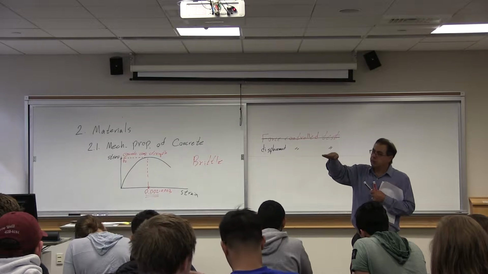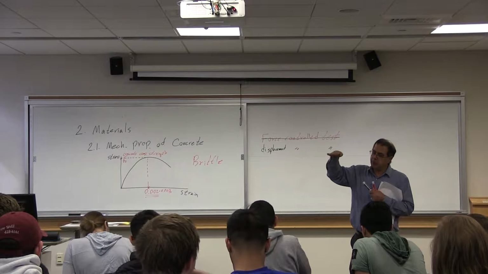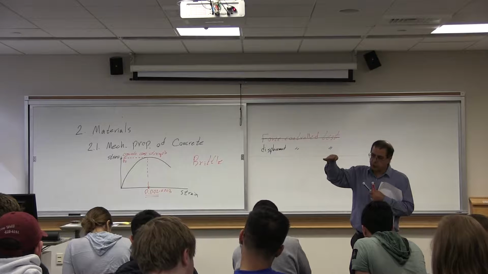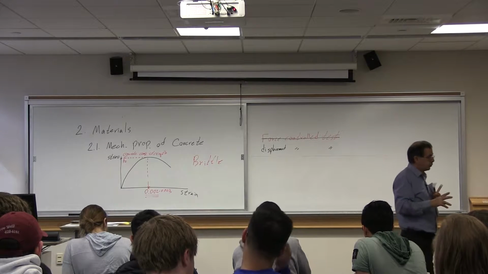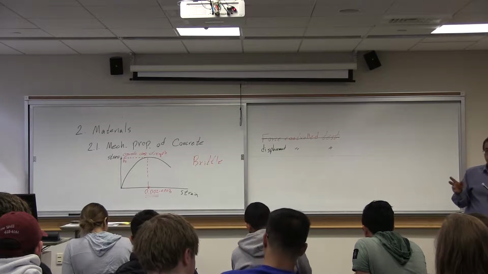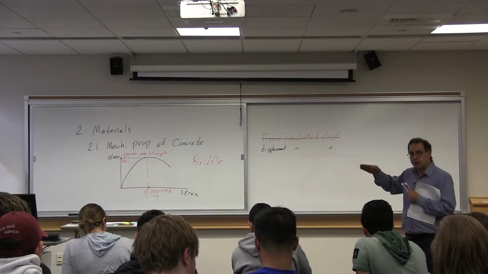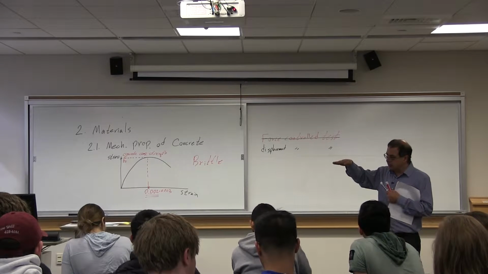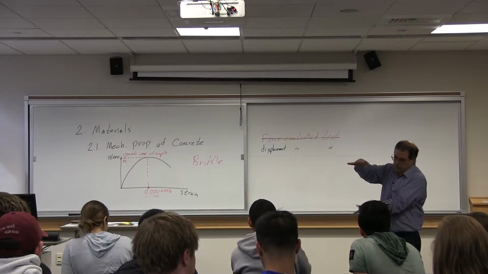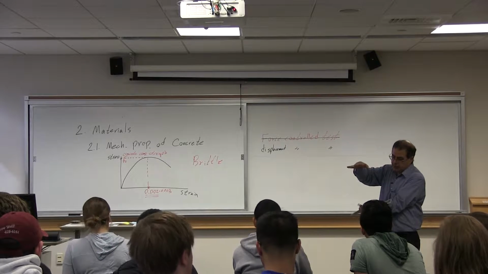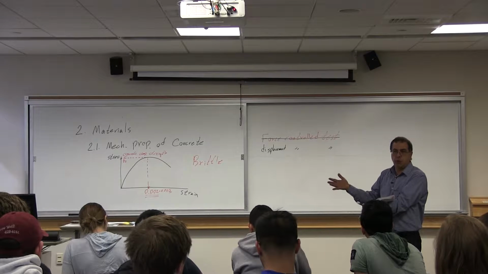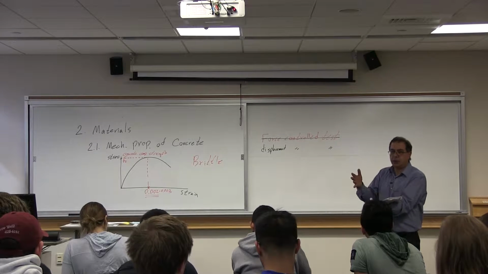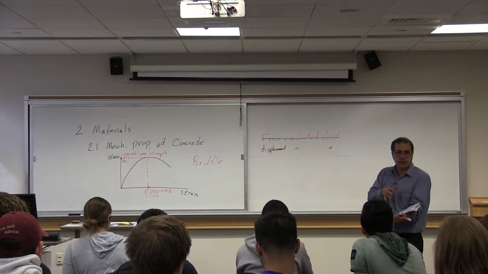So you make the system move slowly. Usually this test takes, depending on how fast or slow you do, between 5 to 15 minutes. So you apply the load, the specimen and the two supporting systems get closer, and if the specimen can take more load, the system would apply more load. If it can take less load, the system would apply less load.